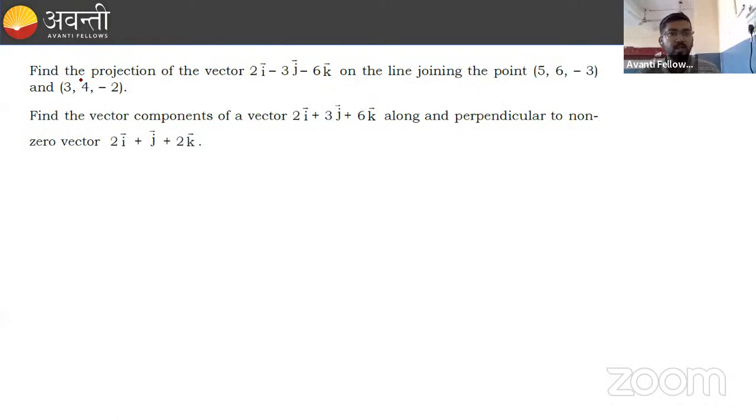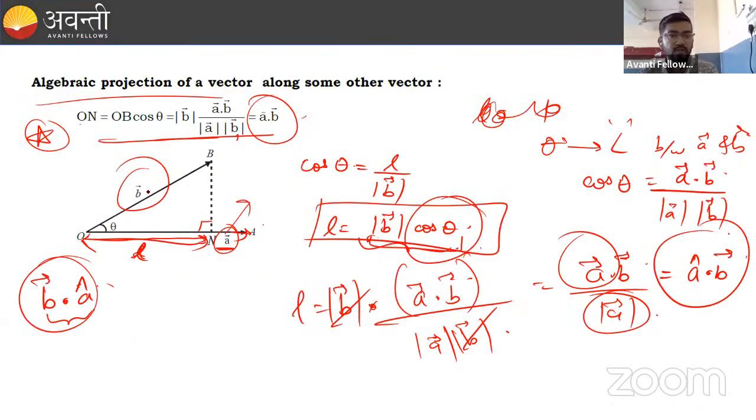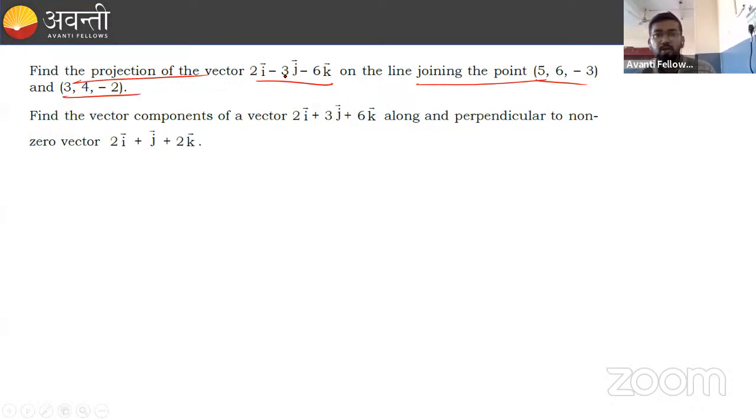Now find the projection of this vector on the line joining these points, right? We already studied how to find the projection of a vector on another vector. First of all, we have to find the projection of this vector, which is our B bar, on the line joining these 2 points.